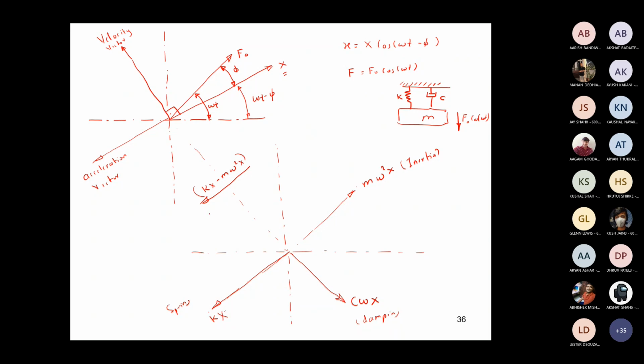Perpendicular to that is the damping force. And what will be the resultant of these two? Excitation force. Correct, the applied force, that is F0.